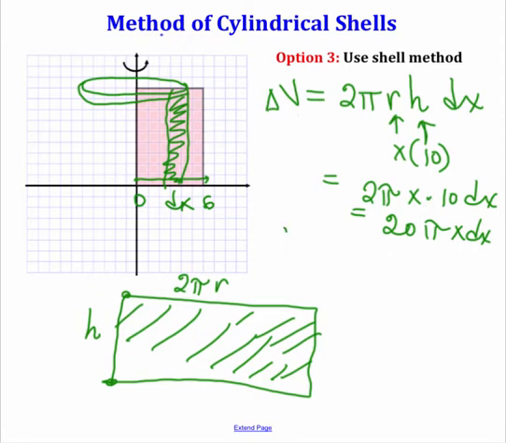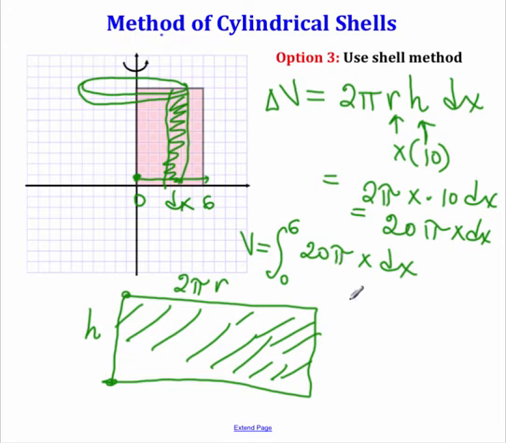To find the exact volume of the entire solid, we're going to sum up the volume of all these shells. So our radius is going to go from 0 to 6, or the x coordinate, right? So then we have 20 pi x dx.